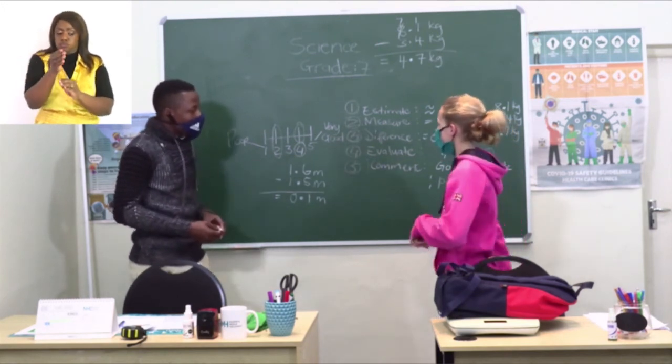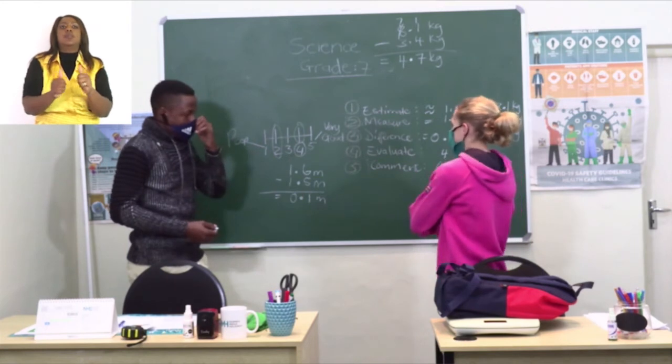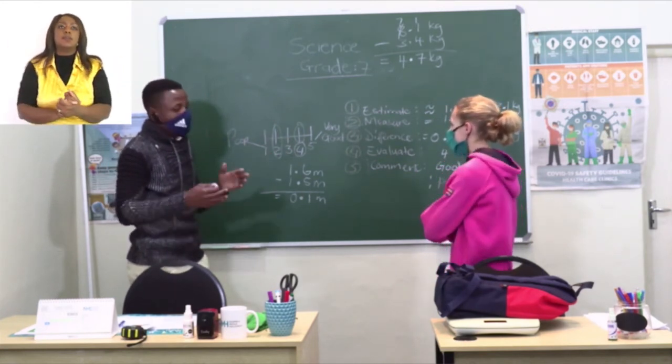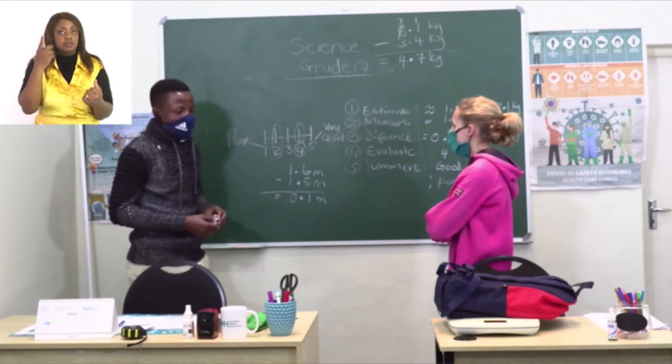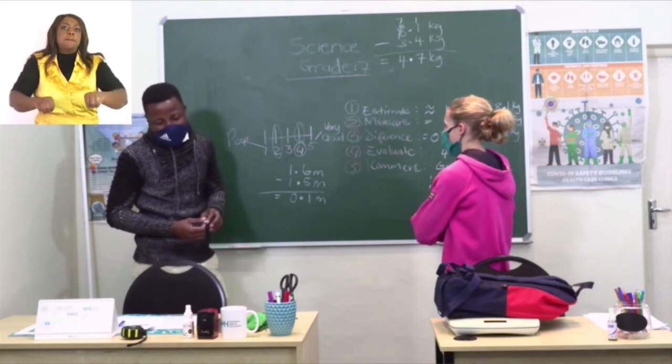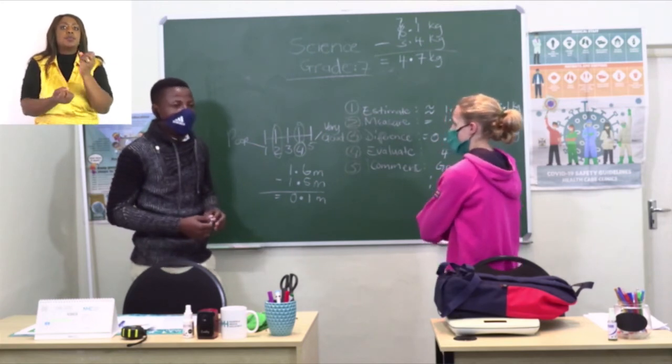So I believe by doing this, one can understand and you can do it wherever you are. So now we have to go back to our booklet and do the activity.